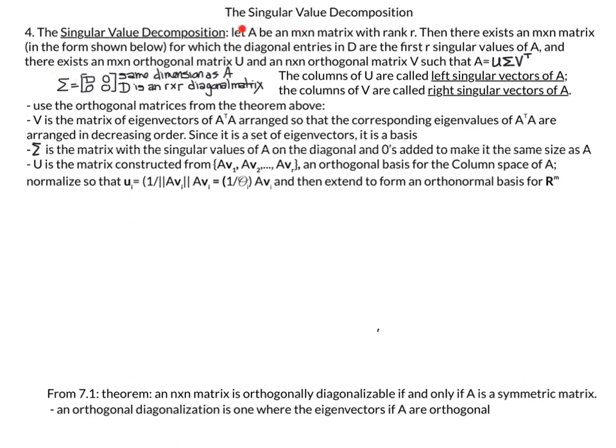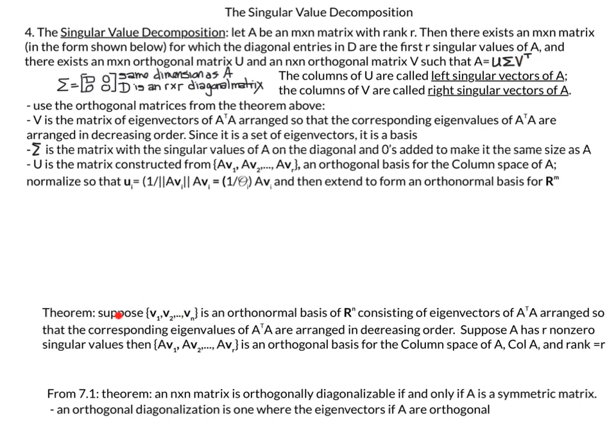So this is the same dimension as A, where the diagonal entries in D are the first R singular values of A. So the diagonal entries in this upper left-hand corner are the eigenvalues of A transpose A. Remember, they're not the eigenvalues of A, but the eigenvalues of A transpose A. And then we surround it by zeros until sigma becomes the same size as A. And then we have another orthogonal matrix U, and a third orthogonal matrix V, such that A is the product of the three matrices U, sigma, V transpose.